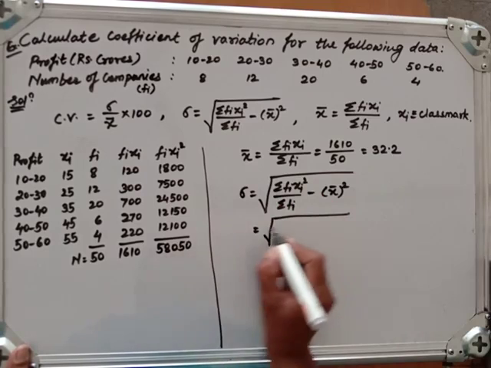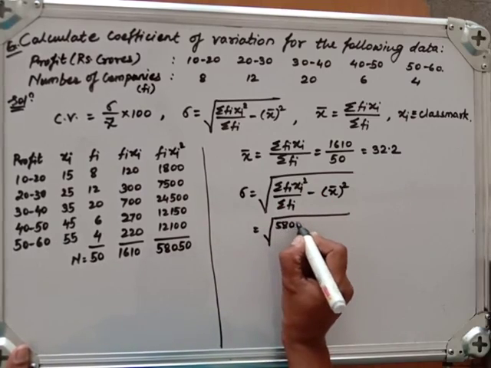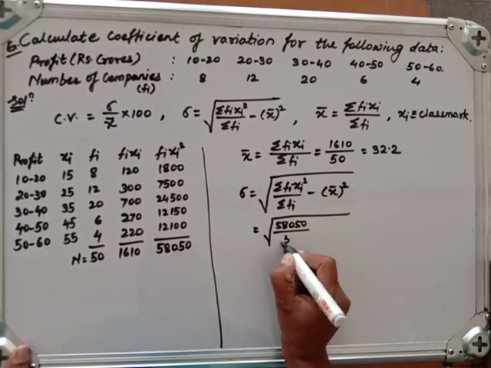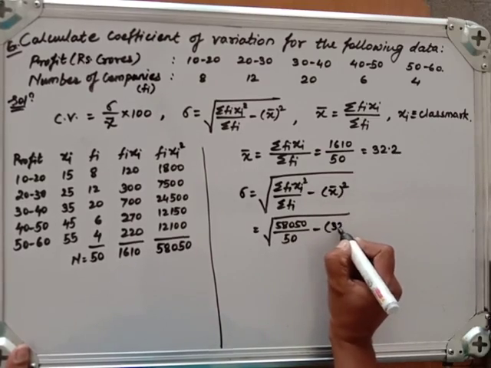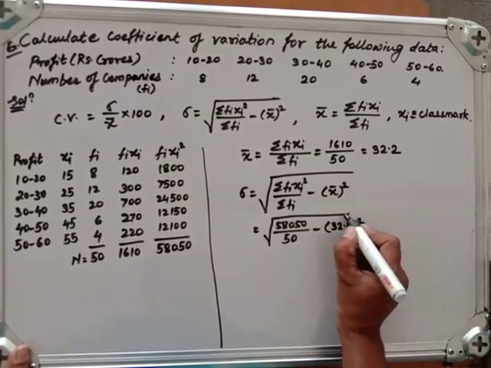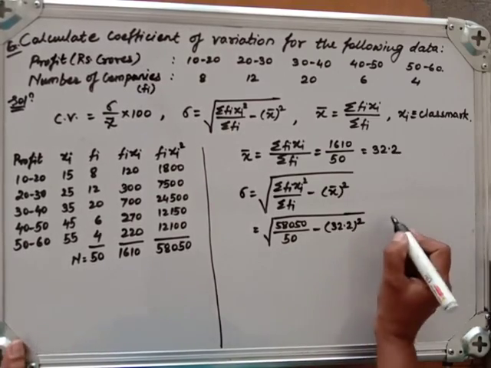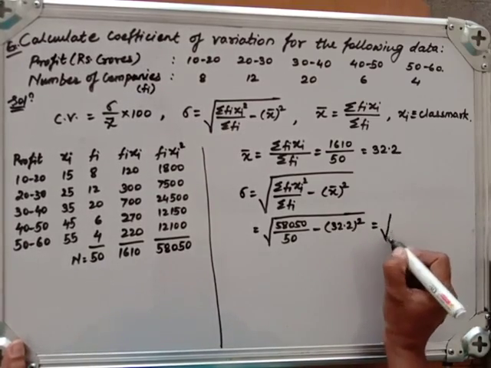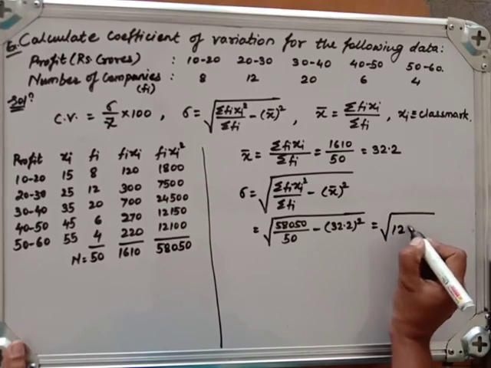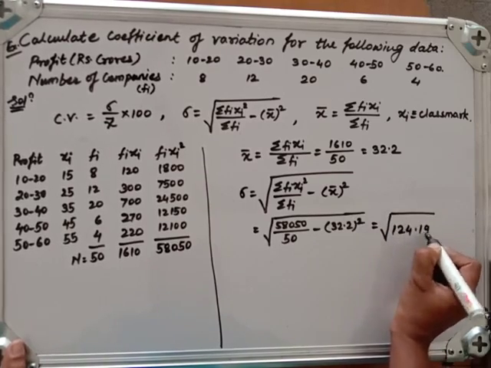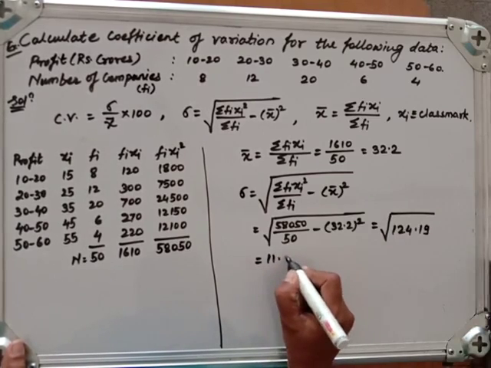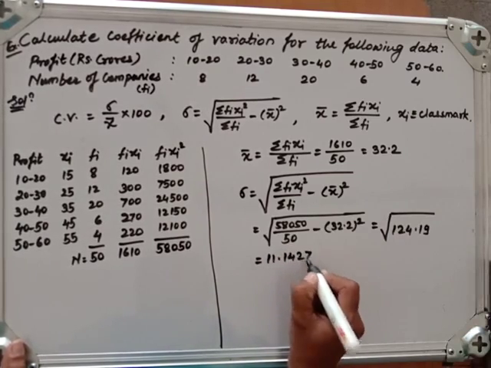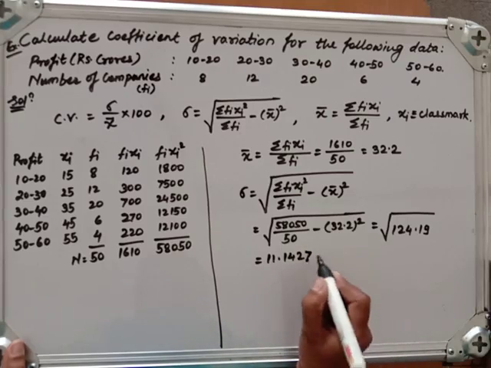This sum is 58,050 upon 50 minus this X bar, 32.2 square. So this simplification will be under root 124.19. The square root will be 11.1427. You can do it on a calculator also.